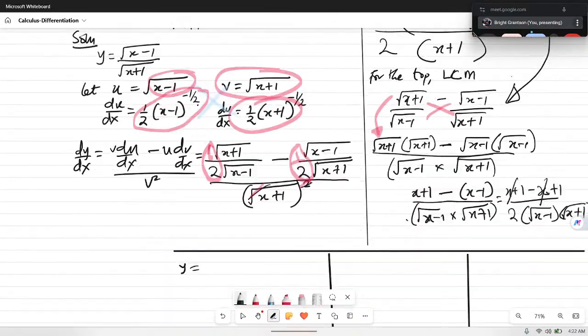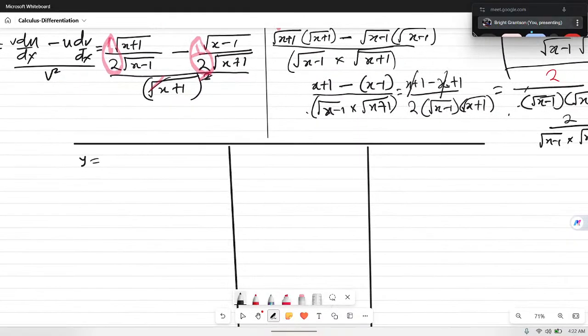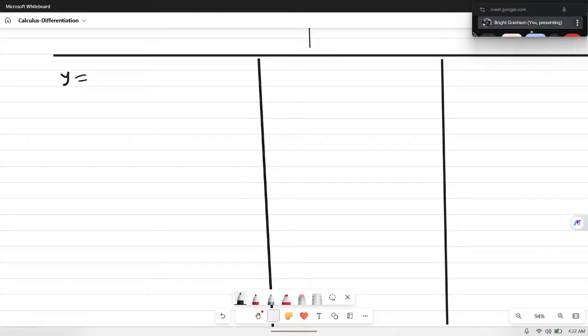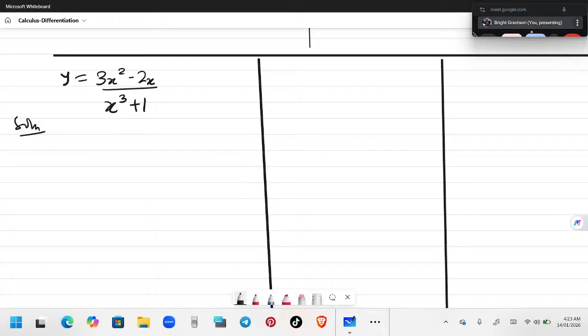Going to use the quotient rule. y equals 3x squared minus 2x, all over x cubed plus 1, right? So right here, solution. I think you've done that too. We've done this one, eh? Yes. Okay. Then let me see if I can get more from Aquila.